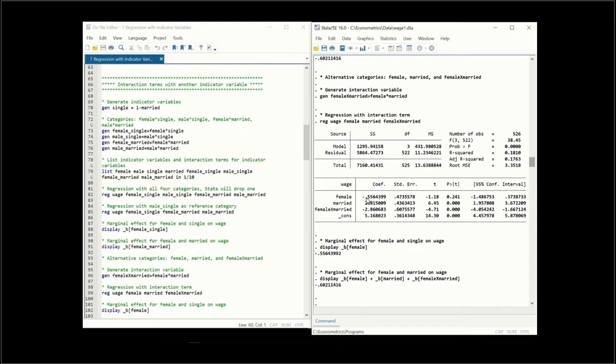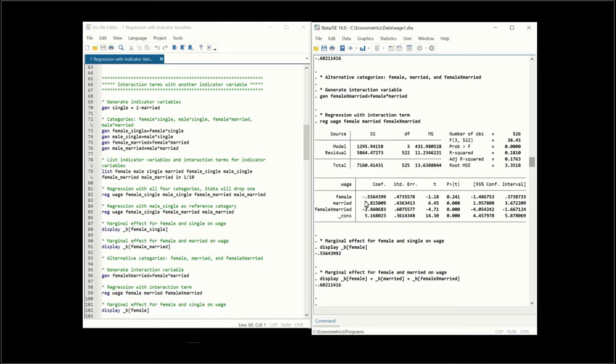And so here we have the coefficients in the regression that we estimated. So if we want to know what is the marginal effect for female and single on wage, if it's female, we would need to collect this coefficient, and if it's single, that variable would be equal to 0 for single people.